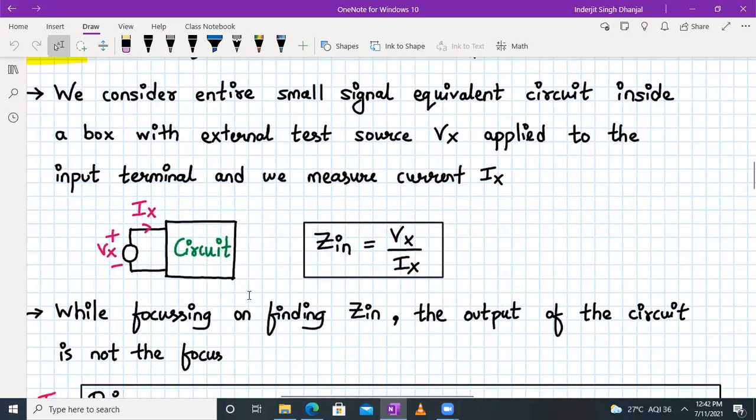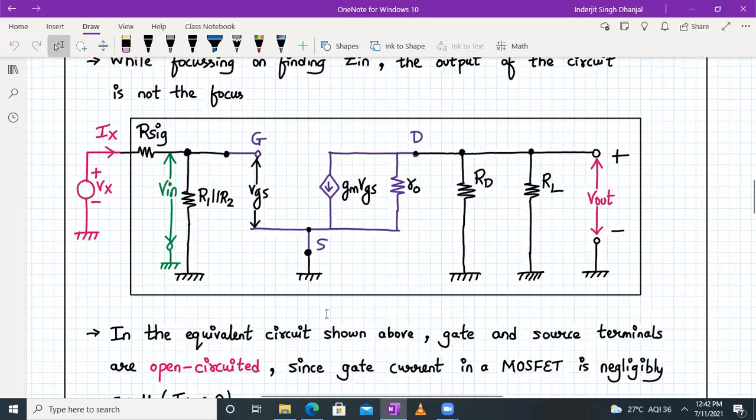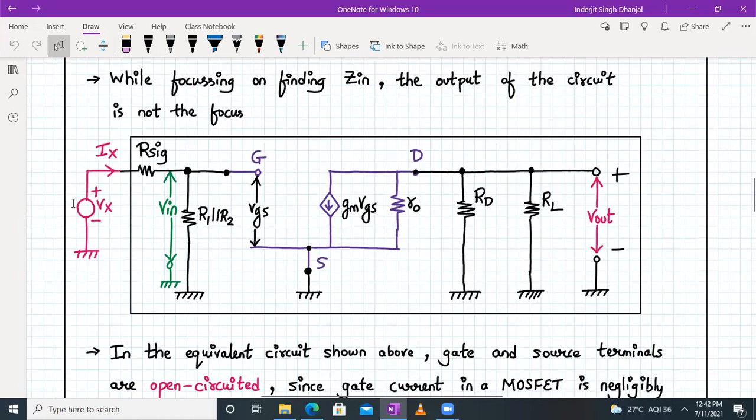Also, one more thing: while we are focusing on finding Zin, that is input impedance, the output of the circuit is not the focus. Okay, so remember that. So what we will do, we will put the entire small signal circuit inside a box, and we apply a test source. We remove the input source and we apply a test source Vx, and we measure the current Ix.